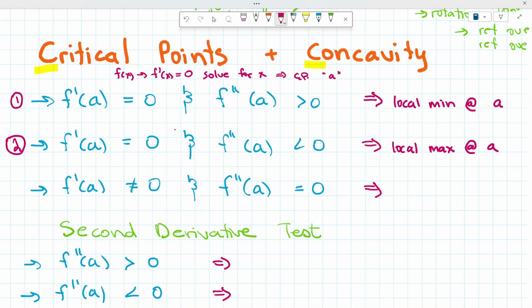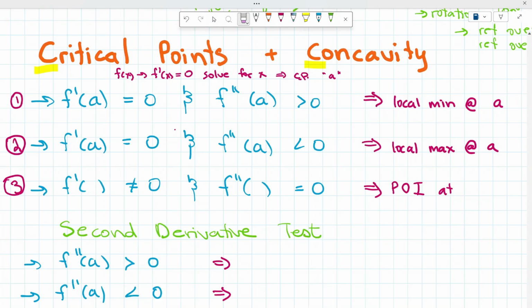Well, there's another type of special point that we have to be aware of, and we're going to learn about that in case number 3. So if we have some point where our first derivative is not equal to 0, but our second derivative is equal to 0 at that point, that means that we have a point of inflection at A. So instead of calling this A, why don't we call this B?